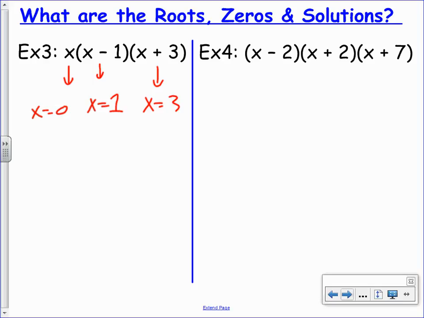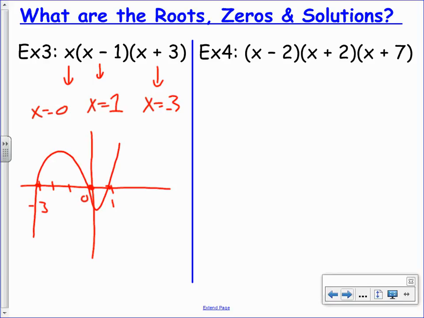So basically you have 0, 1, and then -3 right here. So you could have the graph go like this, like that. So it crosses 3 times. That's what the picture of the graph would look like. It would just cross 3 times.